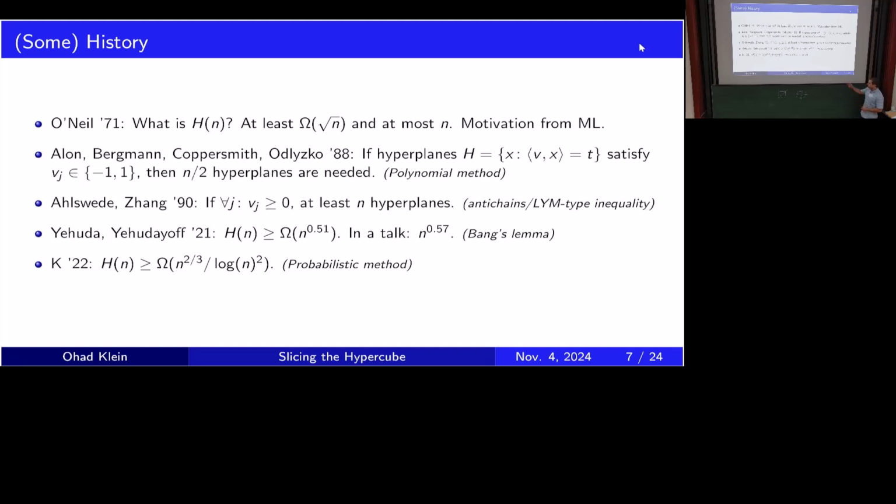For example, the Bang lemma that Yehuda and Yehudayev used is some underlying idea behind the Hopfield network concept that just won the physics Nobel Prize lately.